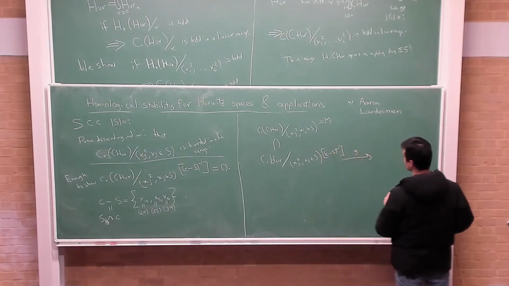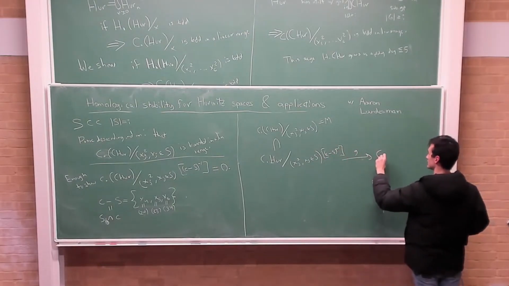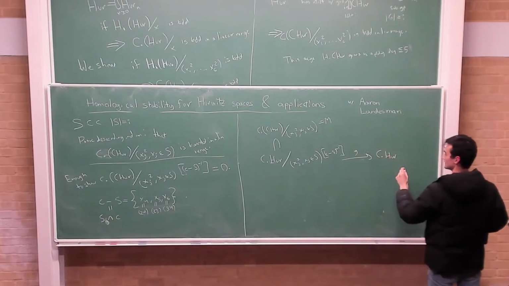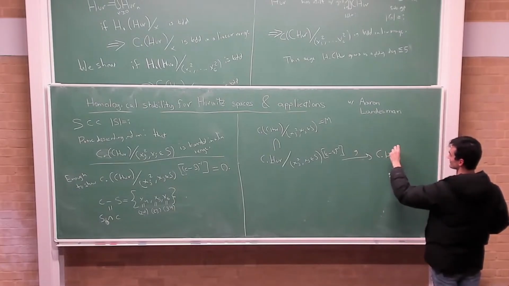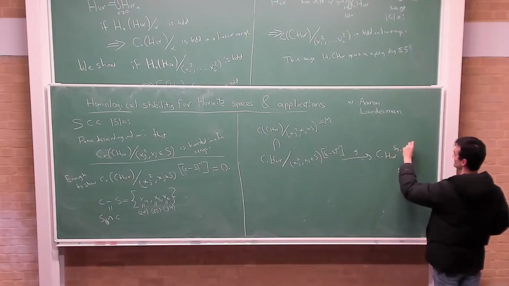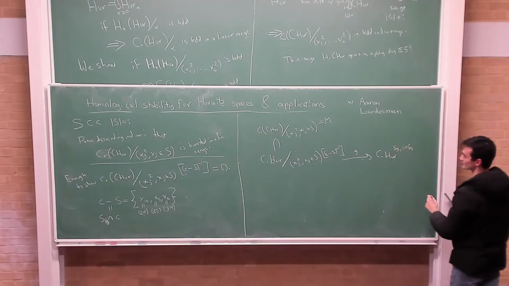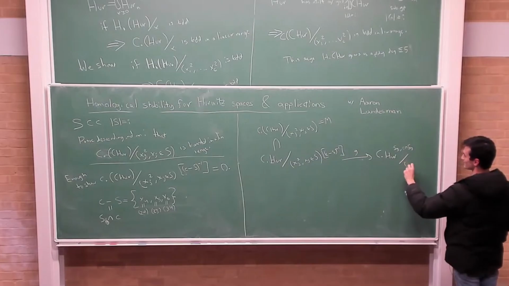I'll call this map G. So it goes to the chains on the Hurwitz space for the symmetric group on 3 letters now, for C intersected with the smaller subgroup, and you do exactly the same thing.